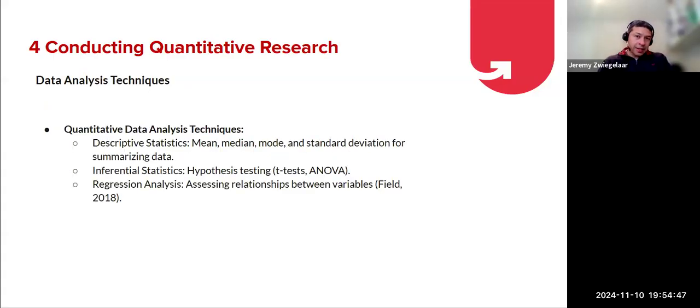When we talk about the data techniques or the analysis, like I said earlier on, we've got the descriptive statistics, which looks at the descriptions of our sample groups. For that, we look at frequency analysis, where we're looking at the mean, mode, the median, and standard deviation to summarize what is happening in our data.